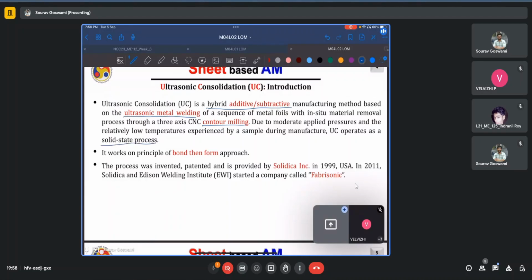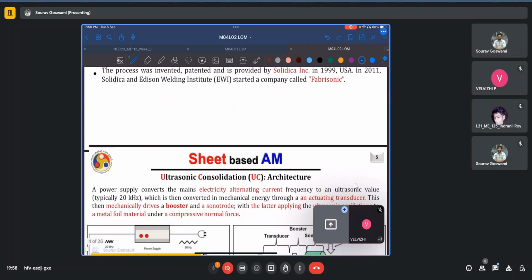So the temperatures that are encountered are typically say 30 to 50% of the melting temperature. So we remain in the solid state regime only. There is no melting involved. It uses the principle of bond and then form, and it was first patented by Solidica Incorporated in 1999.